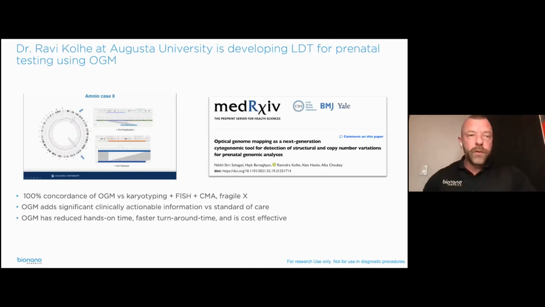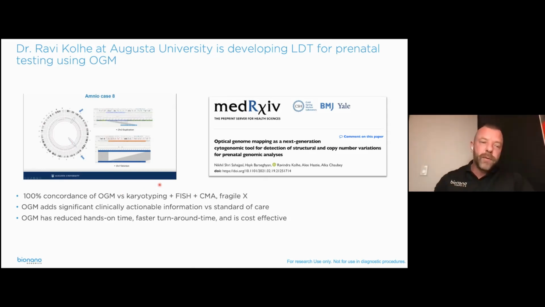At Augusta University, Dr. Ravi Kohli is developing an LDT for prenatal testing as well, using optical genome mapping. LDT means laboratory developed test, and that is really a clinical test available to patients. He gave a presentation at our symposium that I highly recommend you look at. I can't do it justice here, but he showed very clearly how optical genome mapping detected all these structural variants, 100% concordance actually, that were identified with the standard of care, which is again this combination of different methods.